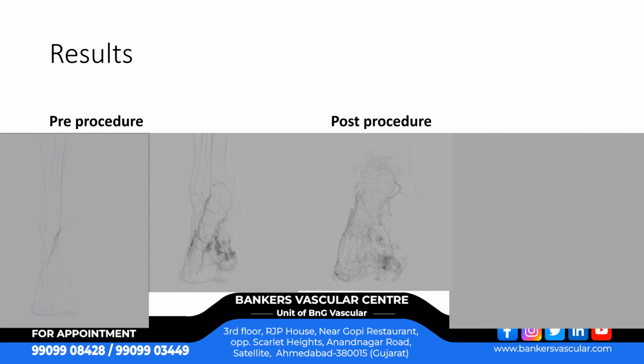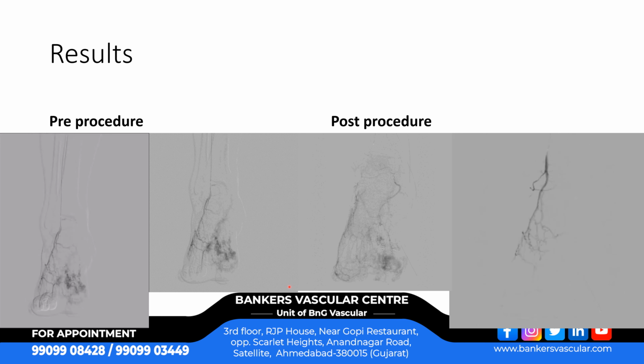Now see the end results. This angiographic image I have shown you before starting the procedure, and you can see over here there is a large amount of high flow, these outflow tracts, and these multiple nidus. I targeted these two areas: I put the coils into two nidus and then injected the ethanol.